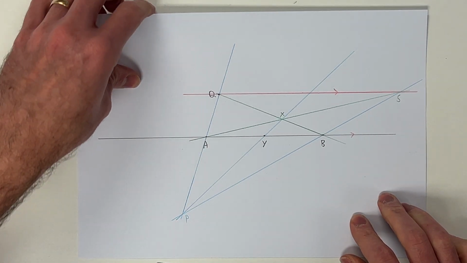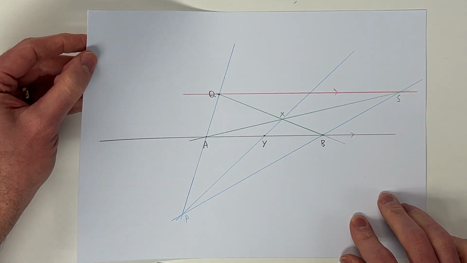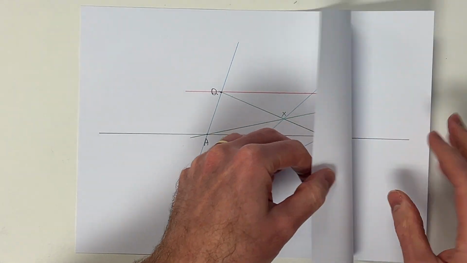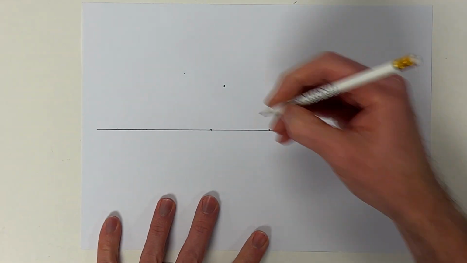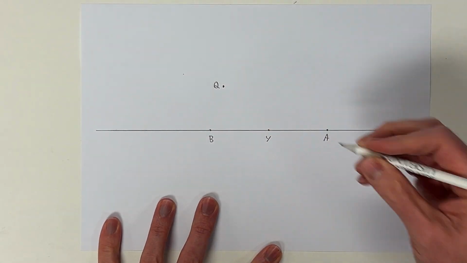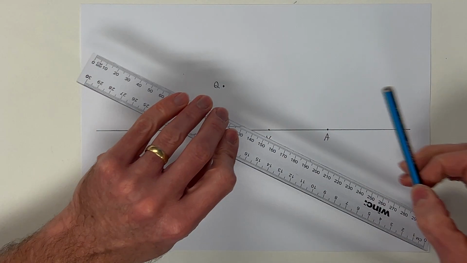And one more. Let me put them in the opposite order. Do AB this way. We'll join QA.